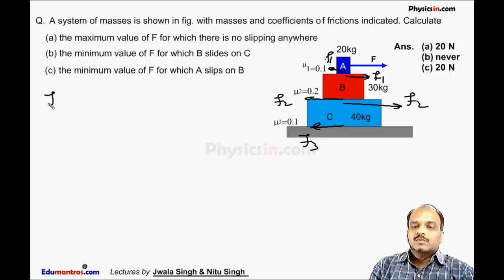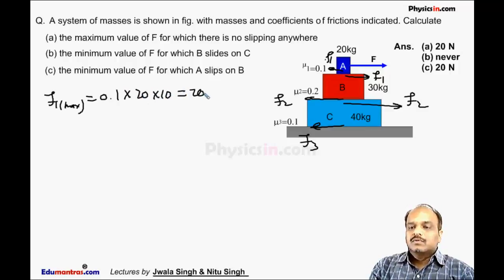We know the maximum value of F1 is 0.1 times N1, and N1 is 20 into 10, so this is equal to 20 Newton. The maximum value of F2 is 0.2 times N2, that is 0.2 times 50 into 10 (30 plus 20 is 50), equal to 100 Newton.